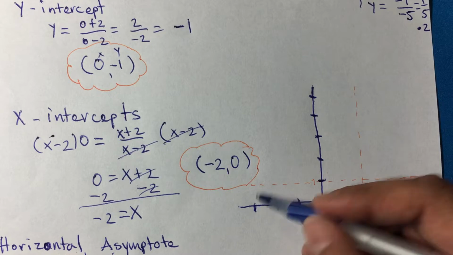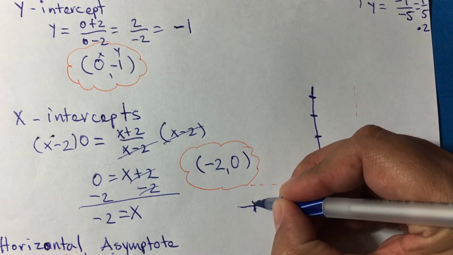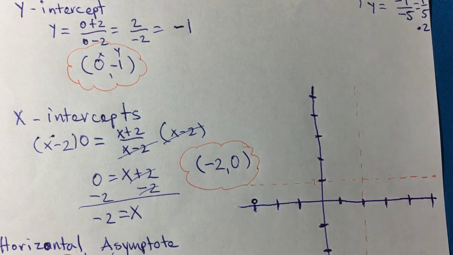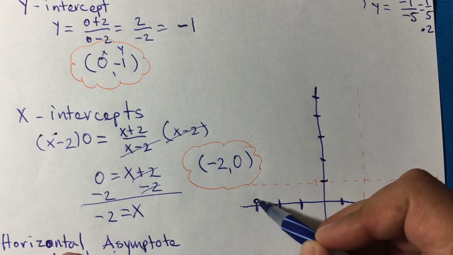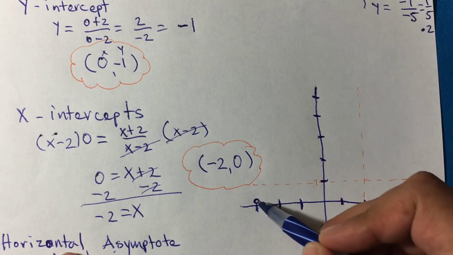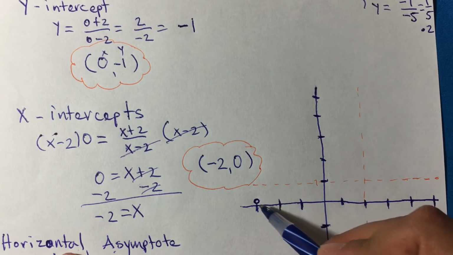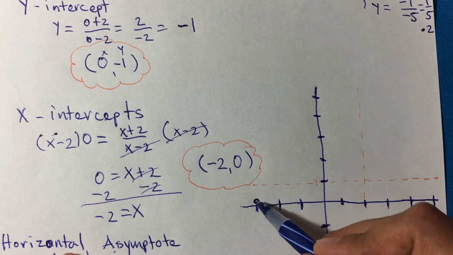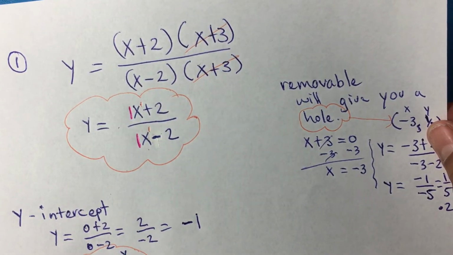And then 1/5, it just means cut that into 5 pieces and just jump one. That hole is going to be right there. So you're going to open a dot in there. You're going to create a tiny circle, but it's going to be open. What does that mean? Our graph is going to go through there, but that point is not part of the solutions. Why? Because we removed it in here.